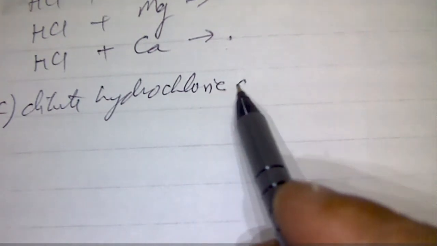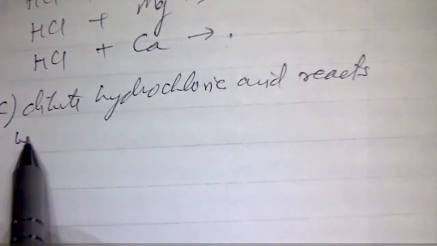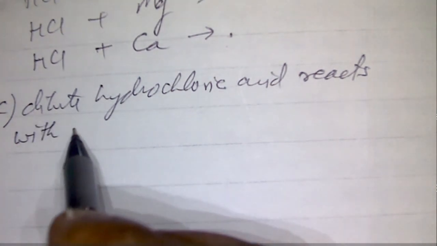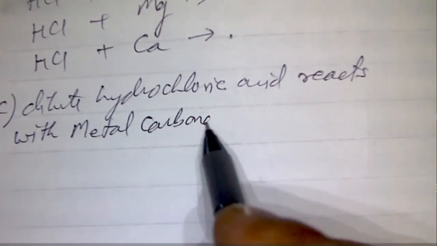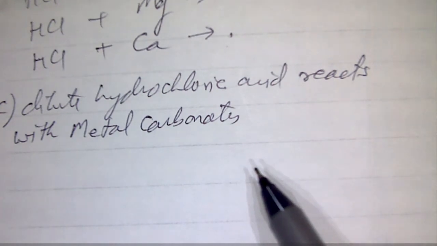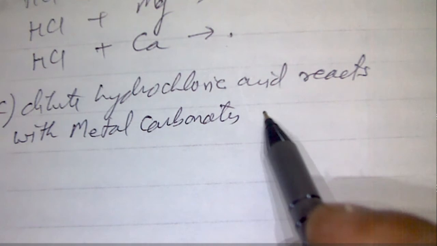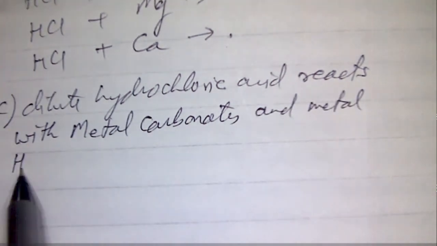Dilute hydrochloric acid reacts with now metal carbonate and metal hydrogen carbonates. These reactions you have done before also, so you should not have much problem here. Metal carbonate and metal hydrogen carbonates.